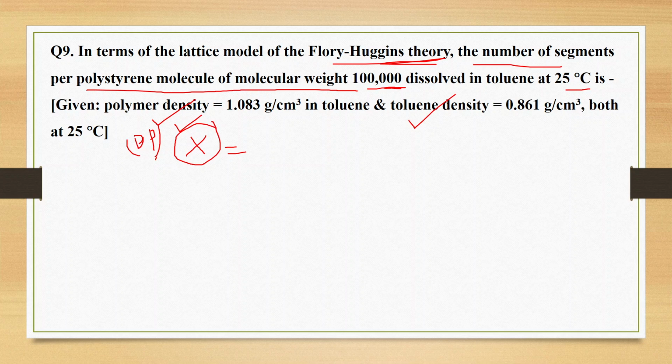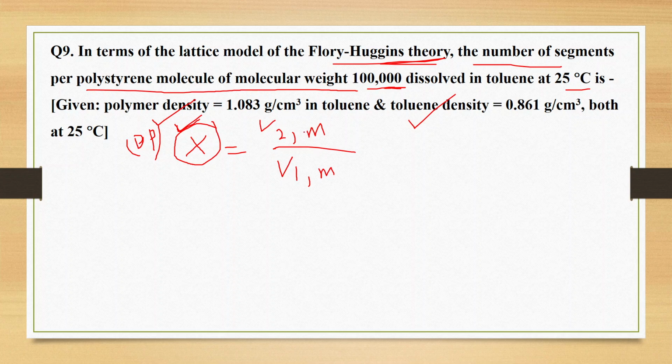I have already given you the hint while deriving the Flory-Huggins equation. We considered a parameter called x, which was just the ratio of the molar volume of the polymer and the molar volume of your solvent.